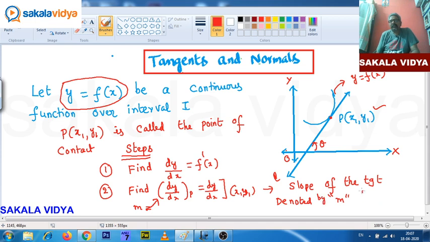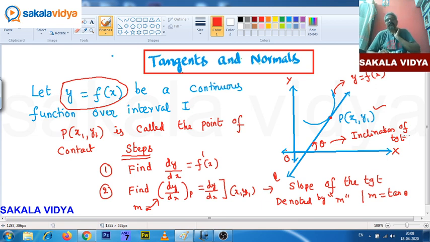Moreover, m is equal to tan theta, where theta is called the inclination of the line or inclination of the tangent. So even the inclination of the tangent we can find out. This is called the tangent, understood?